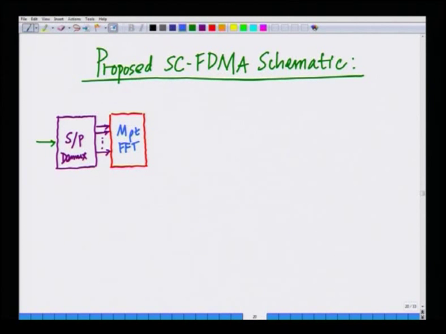Now, after we do this M point FFT, we are going to map these M symbols to N subcarriers.